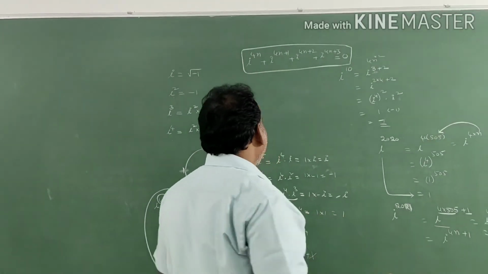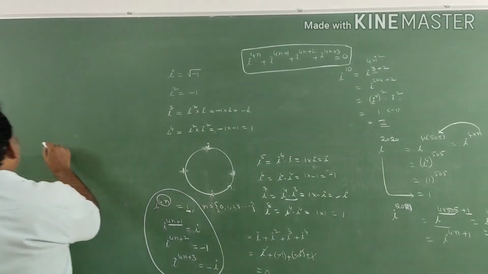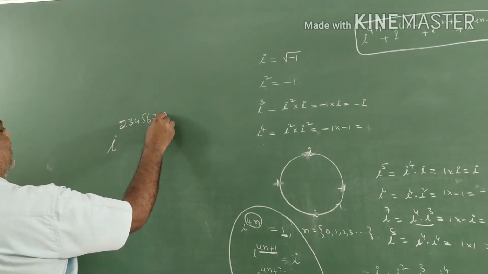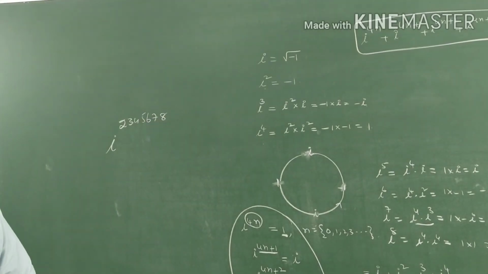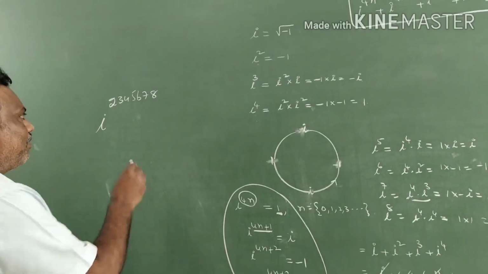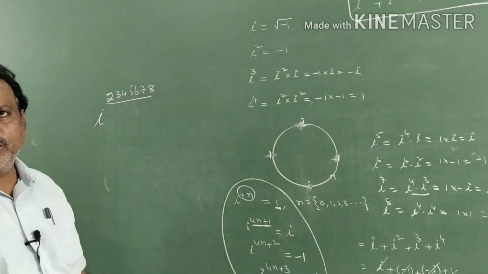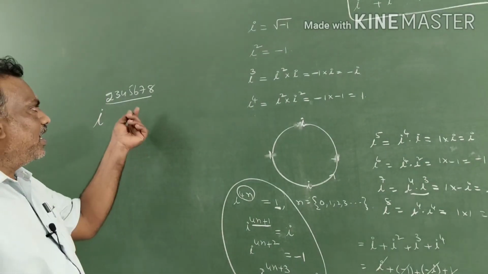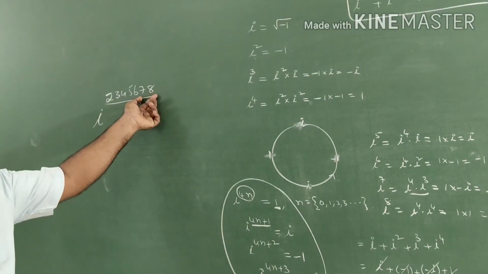That means i to the power of whatever number is given, 2, 3, 4, 5, 6, 7, 8. What is its value? Very simple. Check whether this number is divisible by 4 or not. You know the divisibility test for 4 from lower classes: if the last 2 digits are divisible by 4, then it is divisible by 4.